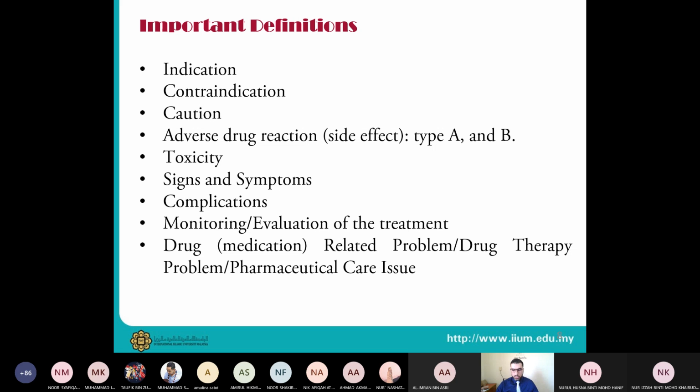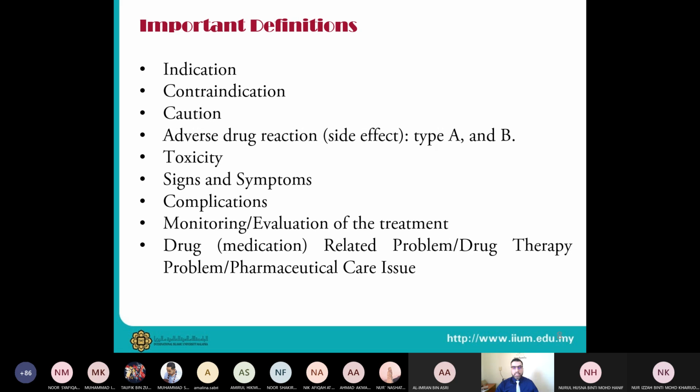For example, if the patient says, I feel nauseated, I feel that I want to vomit, these are usually symptoms. Signs are something you can see, for example, red eyes, palpitations, high blood pressure. So these are signs of a medical condition.